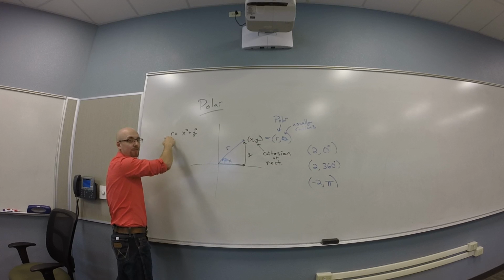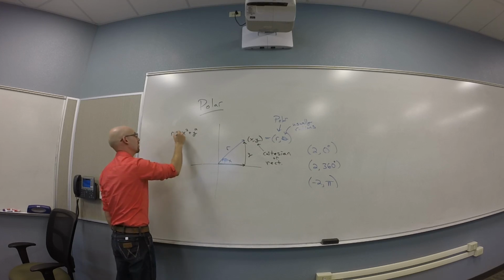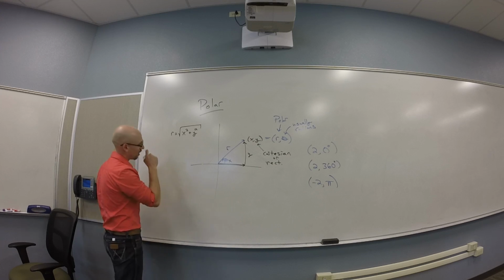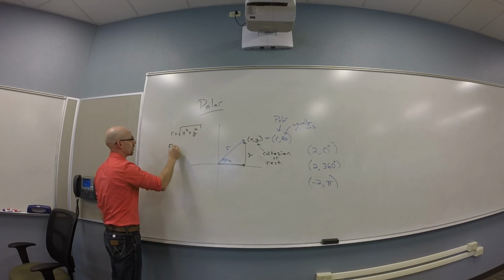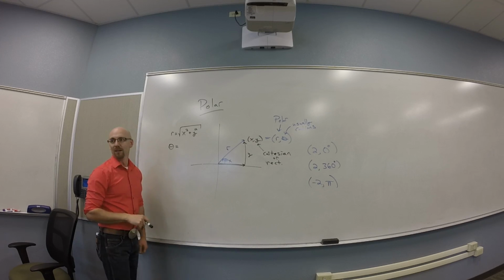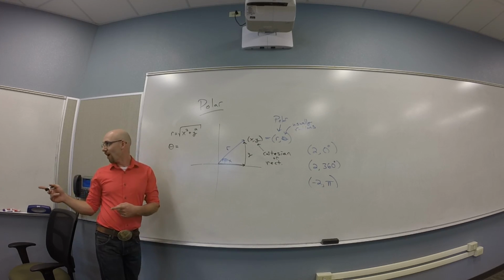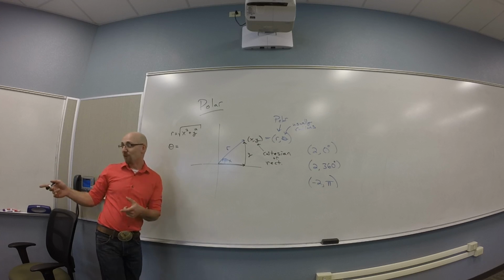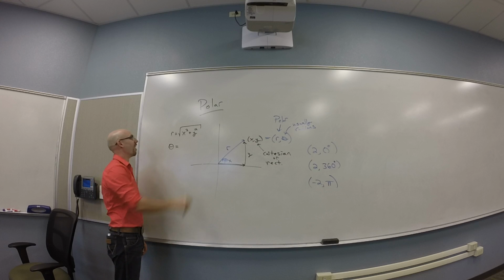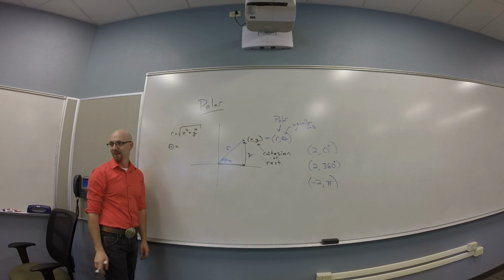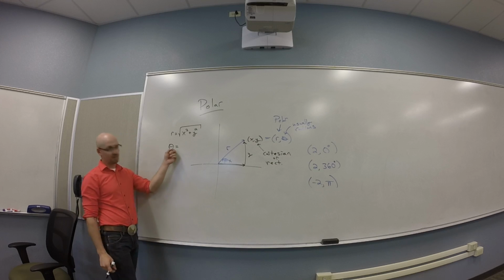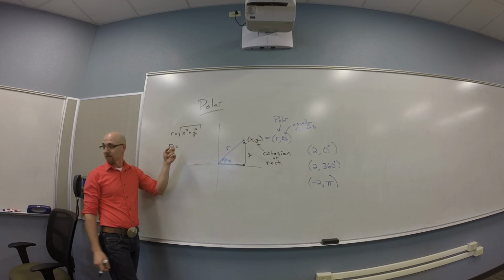I want r, so I square root this: r equals the square root of x squared plus y squared. Do I have to worry about plus or minuses? Part of the reason I'm going to force the r to be positive is so I'm not going to worry about plus or minuses here. The angle will take care of the plus or minus.